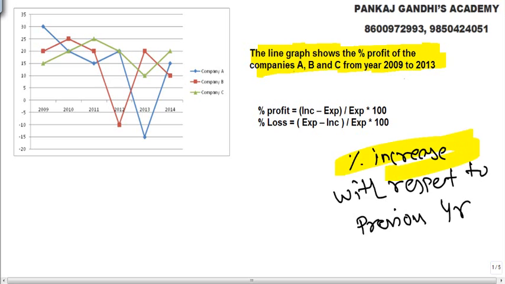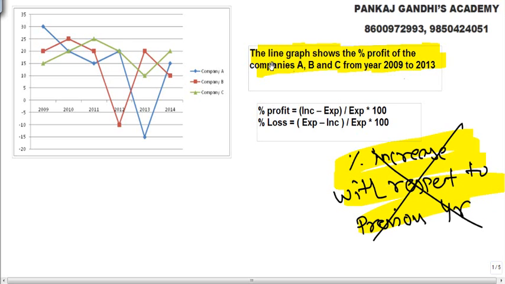Understand, that question was totally different. This question is not about how much it increased from last year. Last question was, what was the increase with respect to previous year? This is a totally different question type. This is about percentage profit in this particular year.